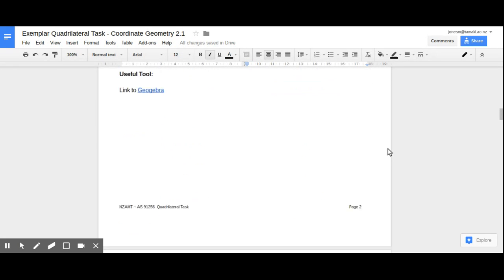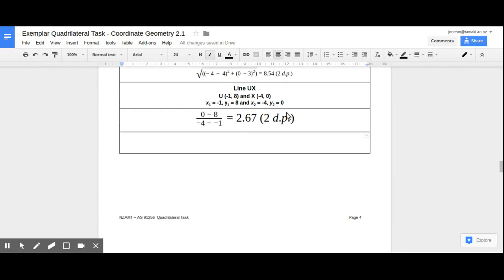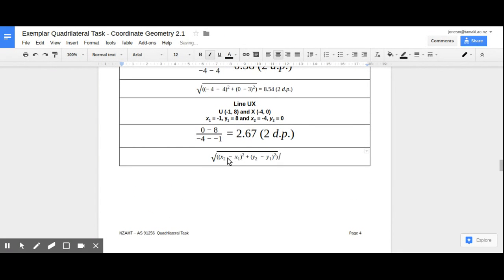So our distance between 2 points: now our x2 is negative 4, our x1 is negative 1, our y2 is 0, and our y1 is 8.